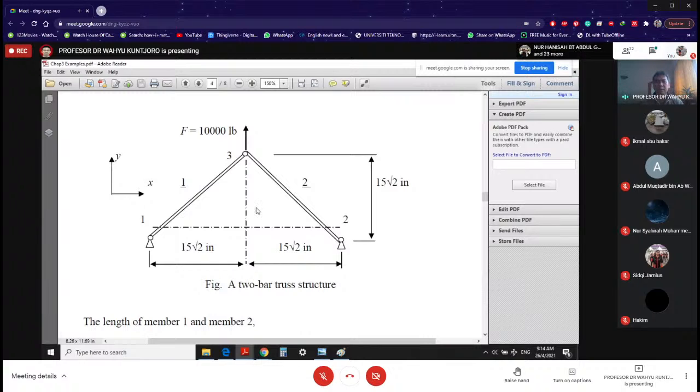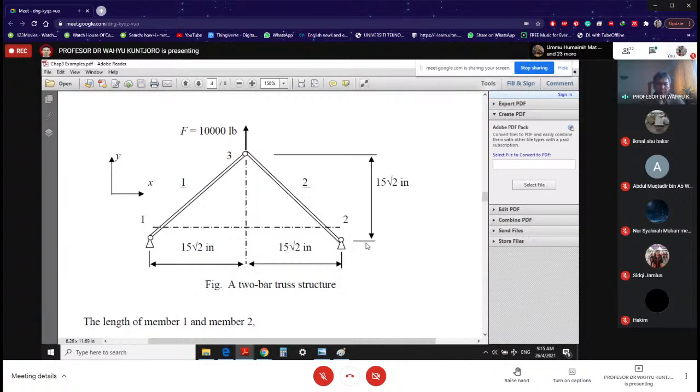The external force is at node number 3, 1,000 pound, and of course node number 1 and node number 2, as we observe here, are supports.